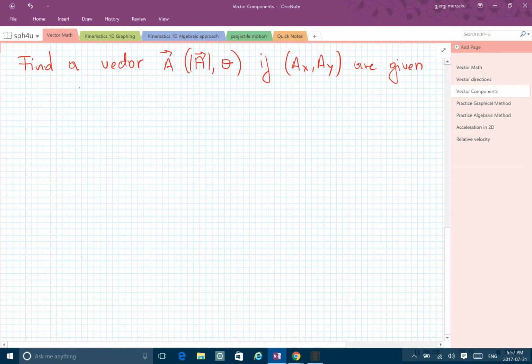In general, if we have y and x, remember the y and x could be north and east, could be up and right and left, could be any directions.